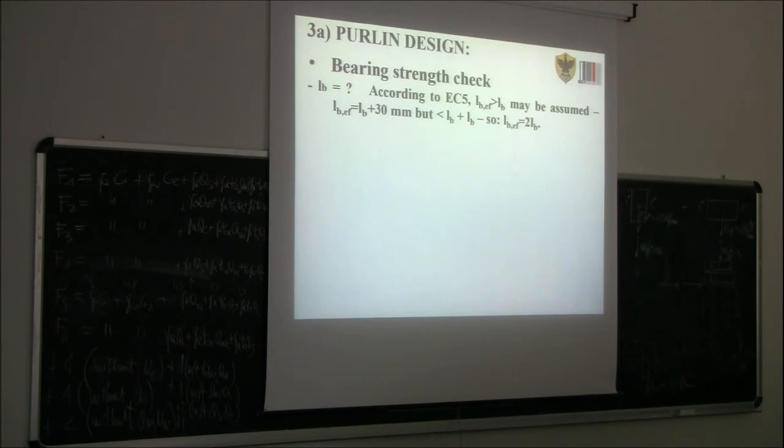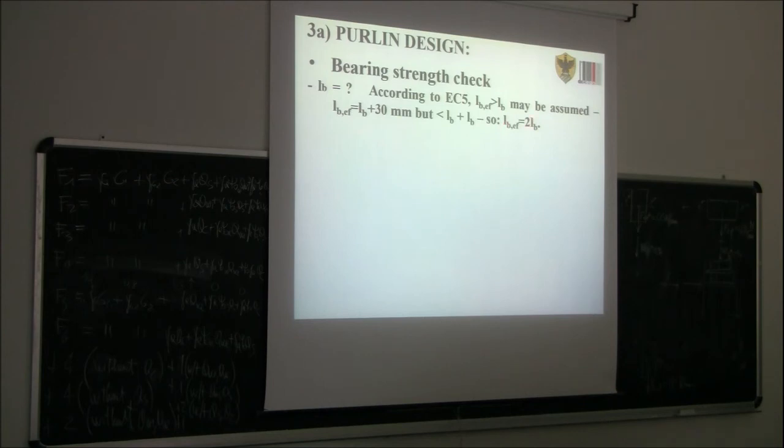So, according to Eurocode 5, we can consider an effective bearing strength which is greater than the actual bearing strength. So the effective bearing length would be the actual bearing length plus 30 millimeters, but in any case should be less than LB plus LB. So if LB is less than 30 millimeters, the maximum would be twice LB.